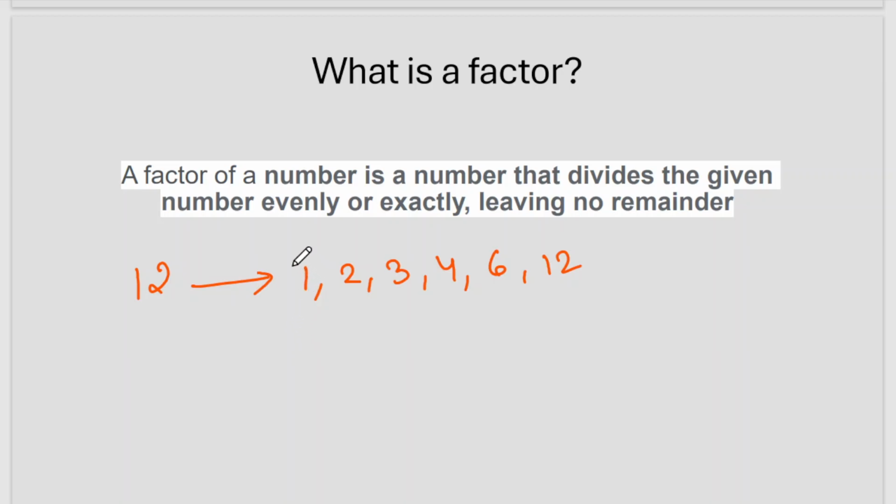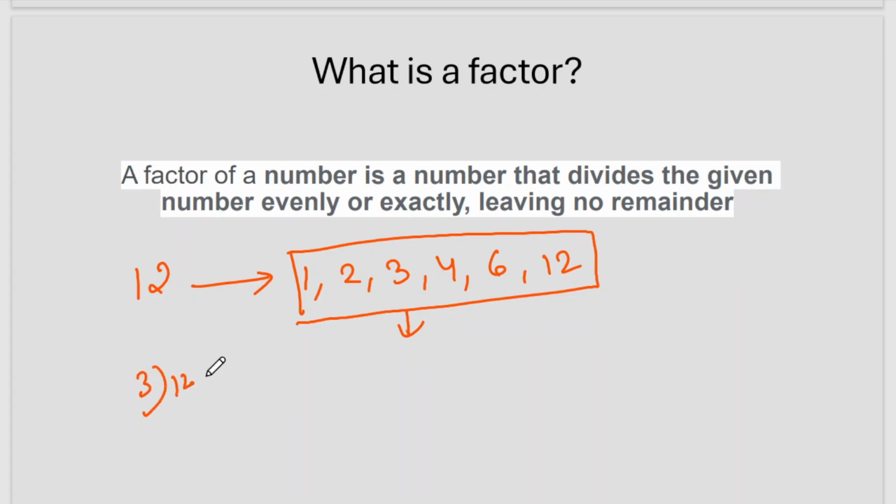Factors are those numbers by which, if you divide 12, your remainder will be 0. If you divide 12 by 3, you will get no remainder. If you divide 12 by 4, you will again get no remainder.